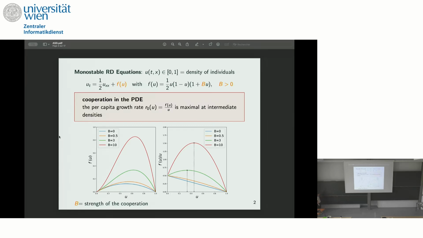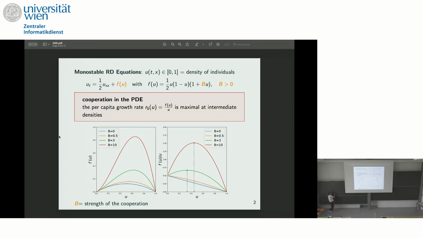And if I look at the per capita growth rate in this equation, that I will denote by R0 and define as f(u) divided by u, then what I can show is that if b is smaller than 1, then R0 is maximum at 0, whereas if b is larger than 1, R0 is maximum at a density u0 that is positive.